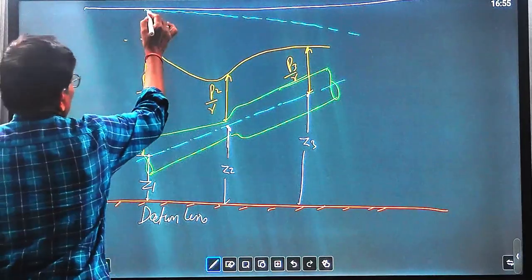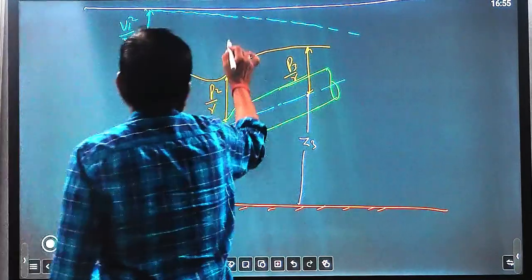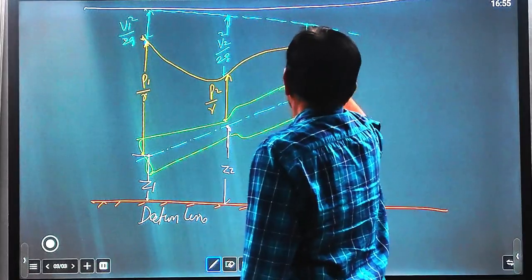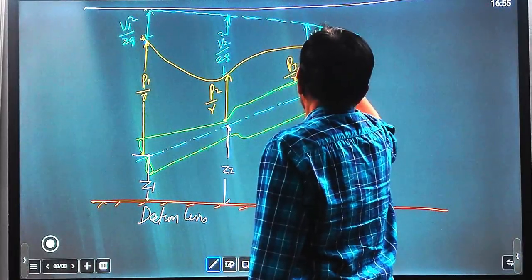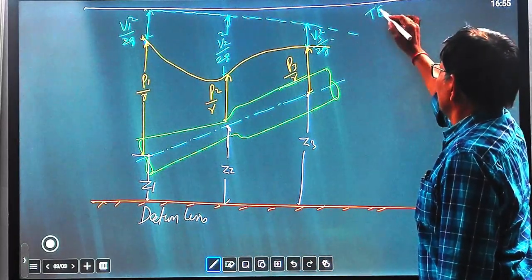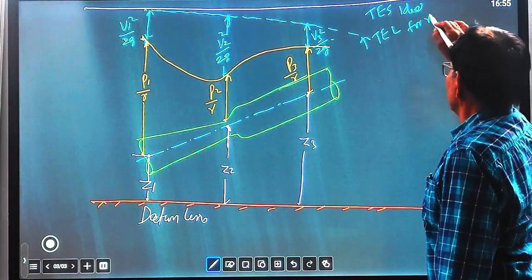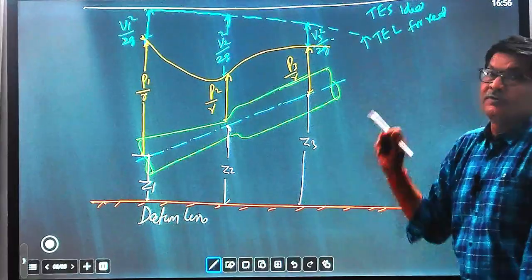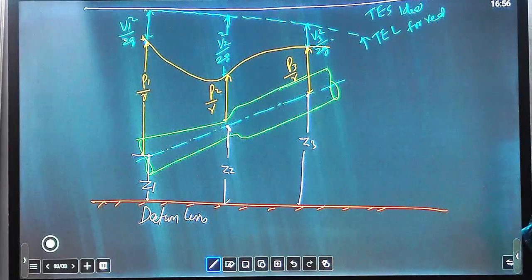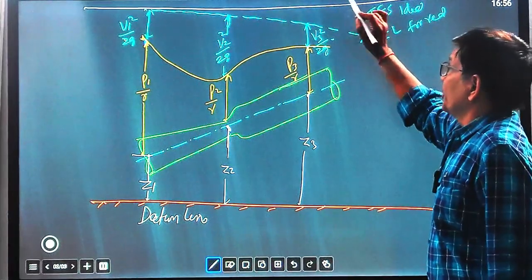This one is V1 square upon 2g, from here to here V2 square upon 2g, and the kinetic energy head here is V3 square upon 2g. Actually this is the total energy line for ideal flow, and this is the total energy line for real flow, because when fluid flows across a conduit or pipe of varying cross section there are energy losses against friction, so this energy line will continuously decrease.